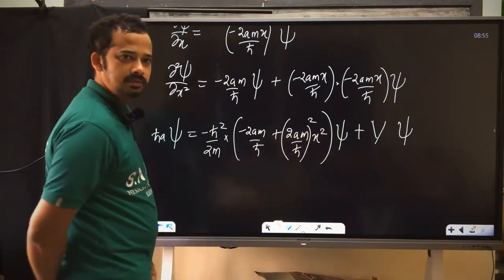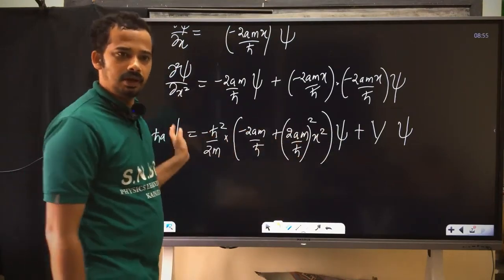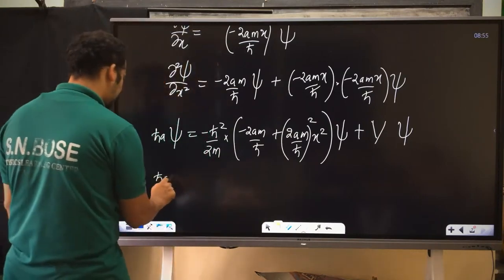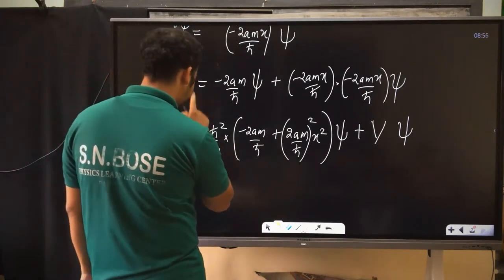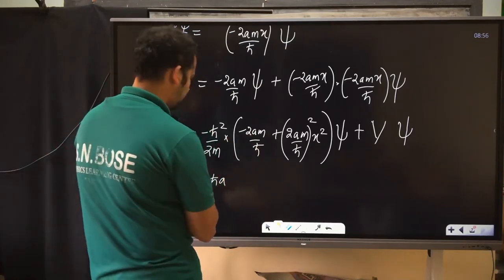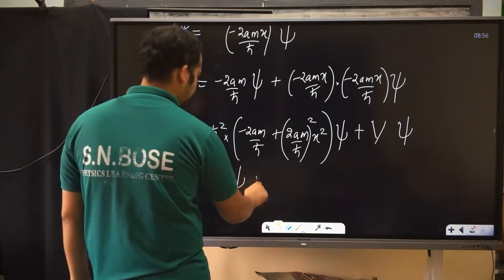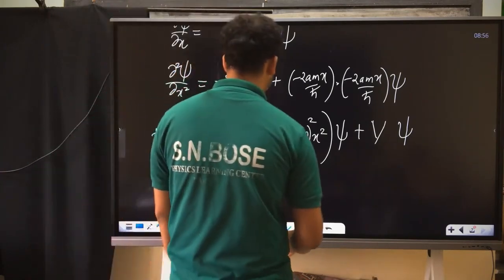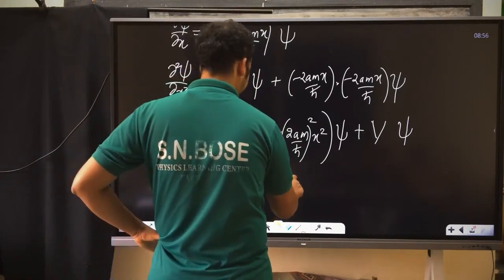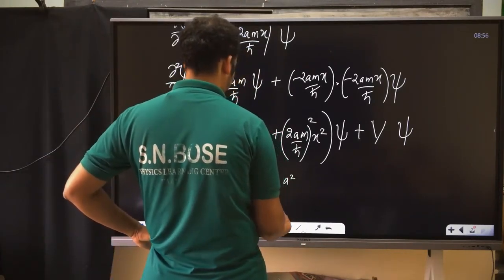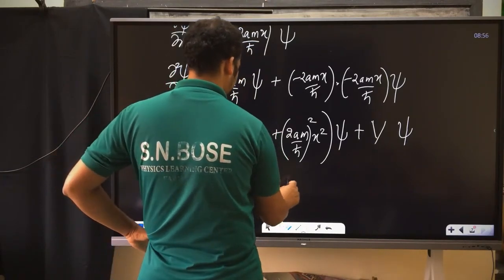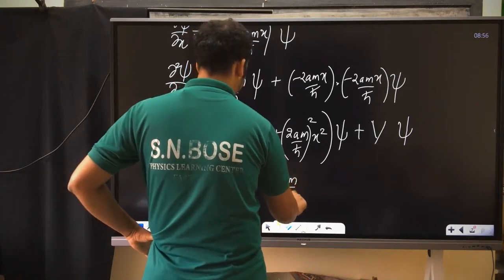Psi got cancelled. No more operations; we did all the operations here. Now I think this part will get cancelled. Check this out. h bar a psi is equal to h bar a psi plus the rest of the part, which is 2m by h bar, a square, minus 2m by h bar.